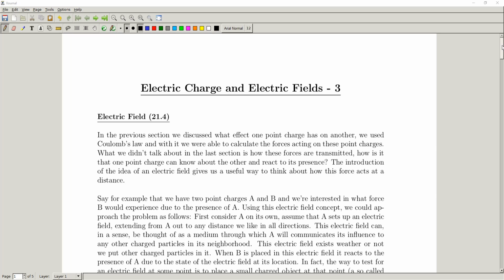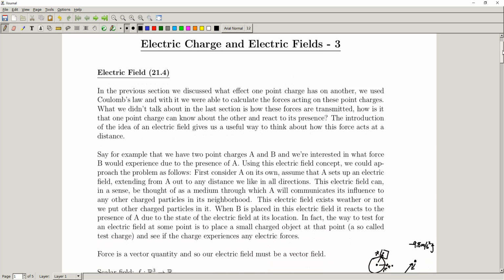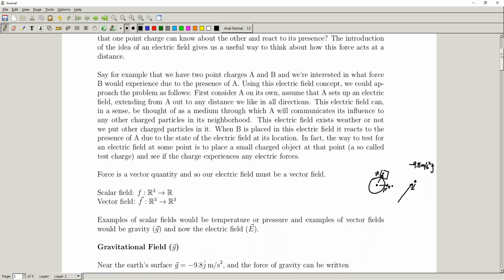So let's say, for example, we have two charged particles. We have particle A and particle B, say, and we're interested in the force that B would experience due to particle A. Okay. Using the concept of an electric field, we could approach this problem as follows, right?